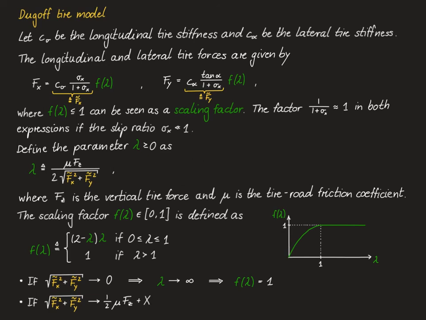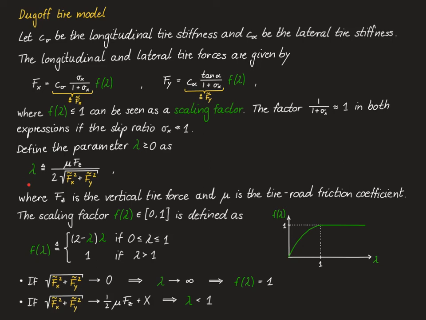For the second case, assume that the geometric sum of the unadjusted tire forces surpasses 1/2 times the friction limit, and this surpassing is indicated by this variable x here.